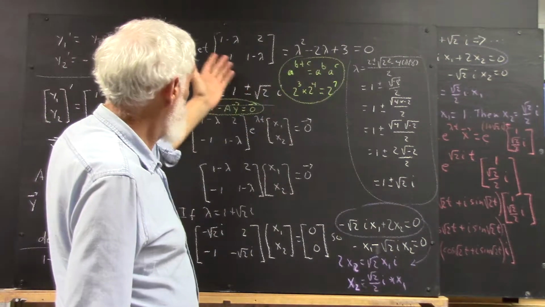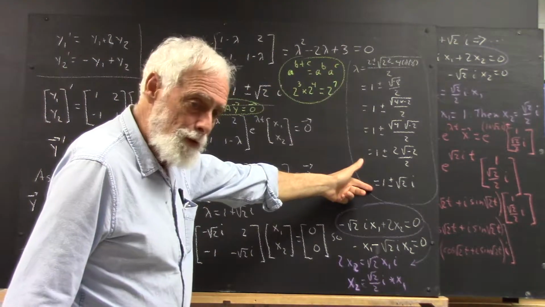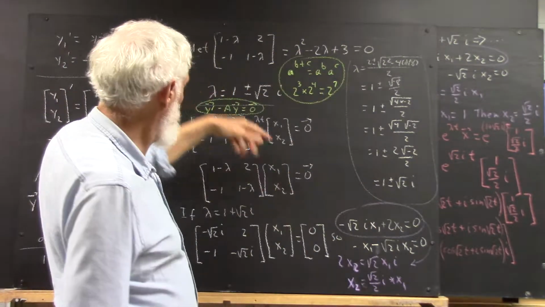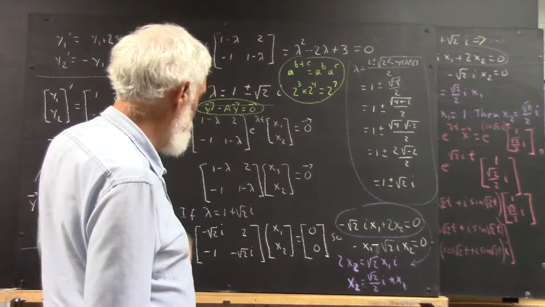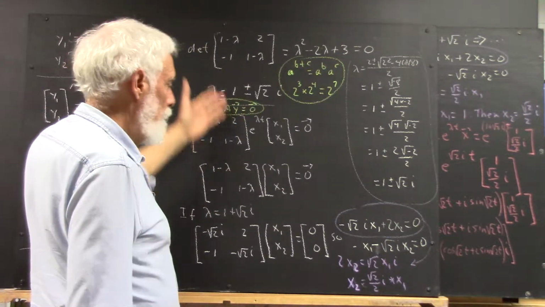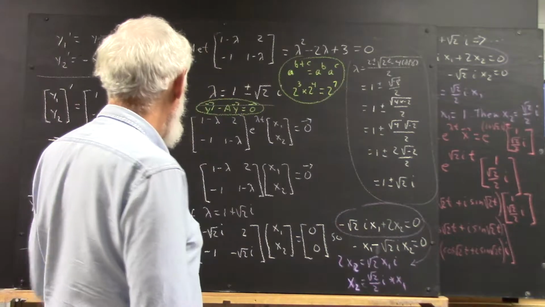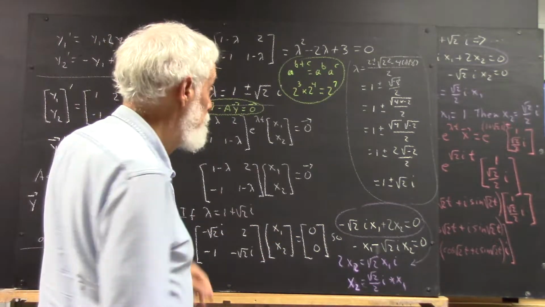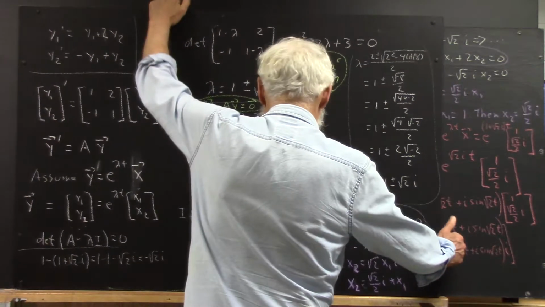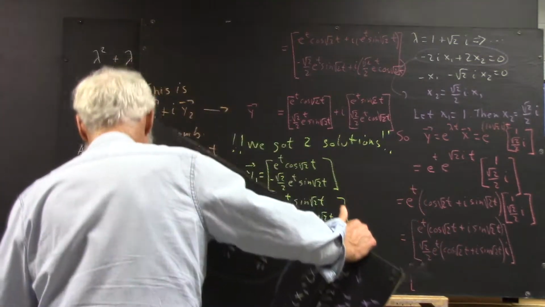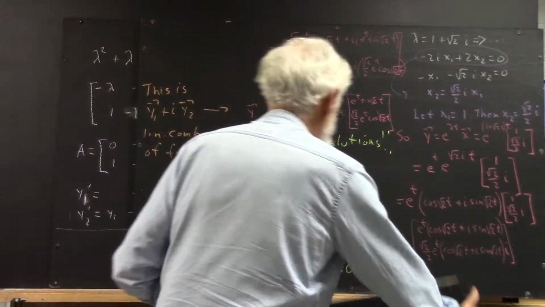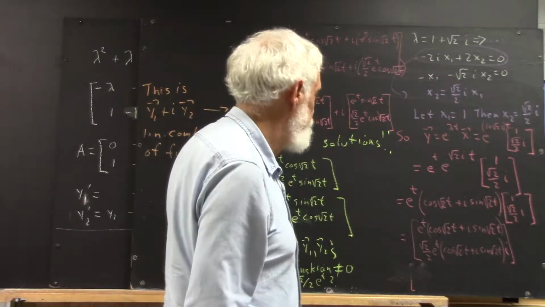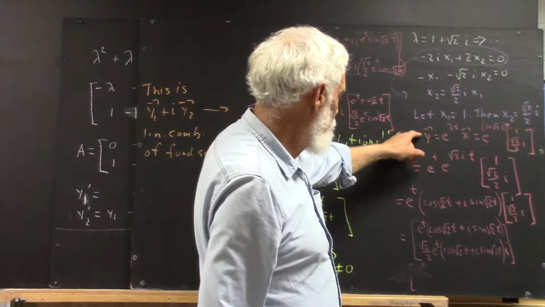We've evaluated the determinant, giving us our characteristic equation, which we solved to find two values of lambda. And now we've gone through the process of plugging all that in and finding an x1 and an x2. And this gives us a y function of this form.